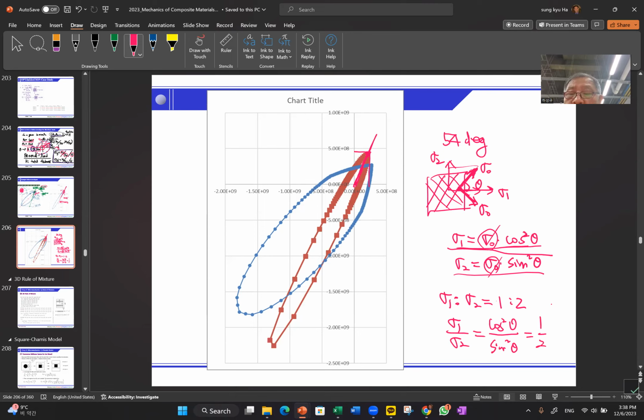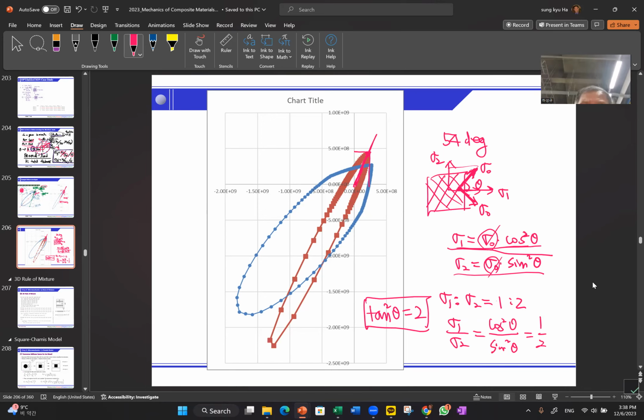Or inversely, I'm gonna write down here, tangent squared theta will be what? 2, right? This is the best optimal theta which can support the pressure vessel load by the fiber only. So this will be the ideal case.